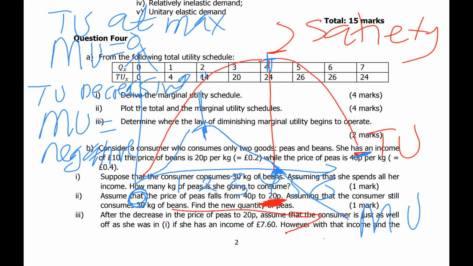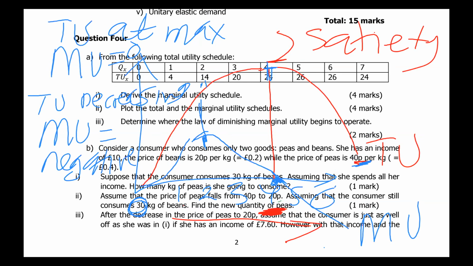As you add the number of mangoes you consume, total utility is increasing up to a certain point. When you take the fourth mango, total utility reaches the maximum point.